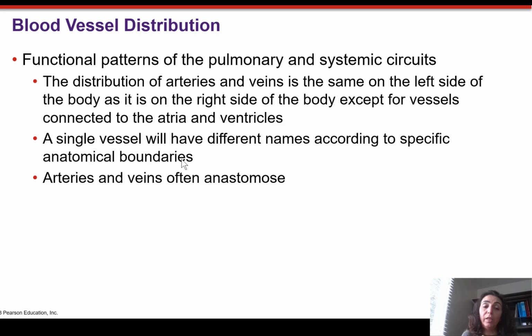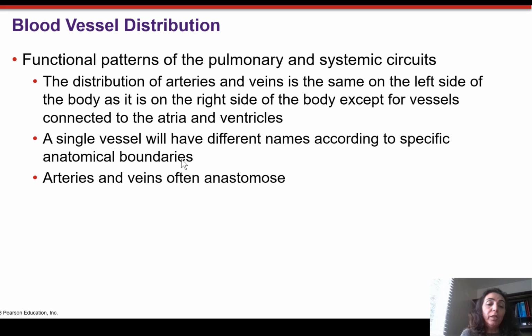Therefore, I put them on the different regions, and I put all those in the lab, so you can refer to all those PowerPoints and follow all the vessels, how we name them differently in different regions. That's what is meant by the anatomical boundaries, right?